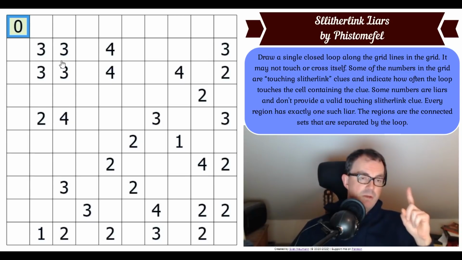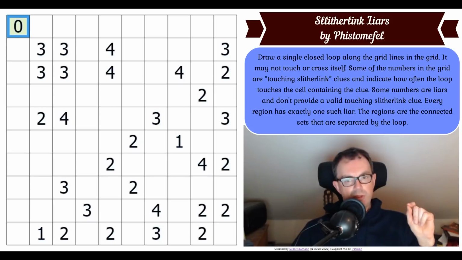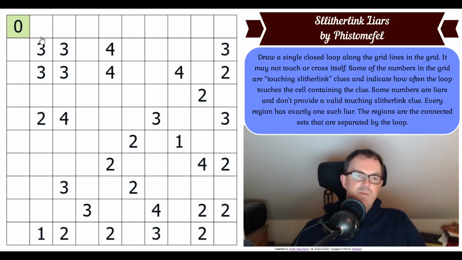Now, do we know whether it's true or not? So it could be a true clue if the loop never went over there. Then it would be true. Or it could be a false clue. Yeah, it can be a false clue, even though there's a false 3 in here.